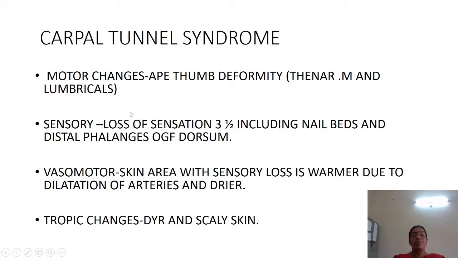Vasomotor: the skin area over the sensory loss will be warmer because of the dilatation of the vessels. Trophic changes: dry and scaly skin is seen along the distribution of the median nerve. So this is called carpal tunnel syndrome. That is about the median nerve, the laborer's nerve.